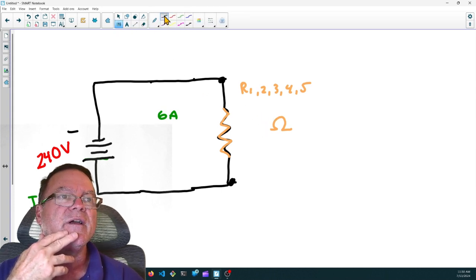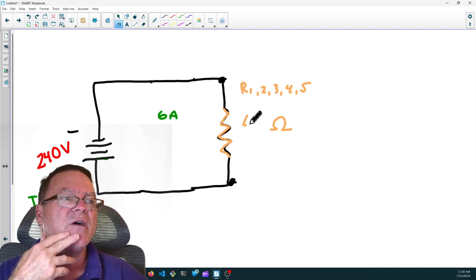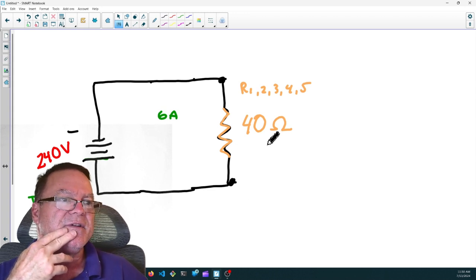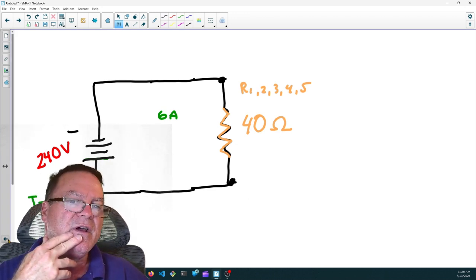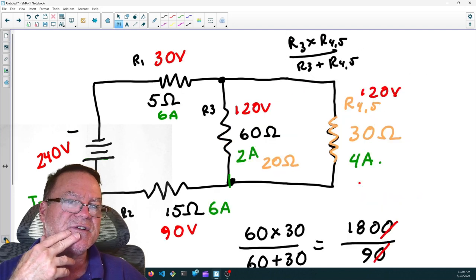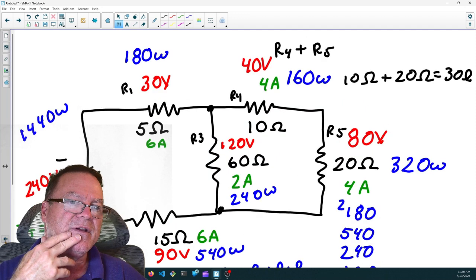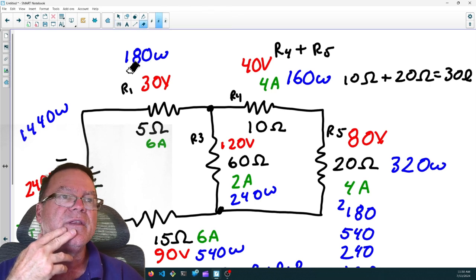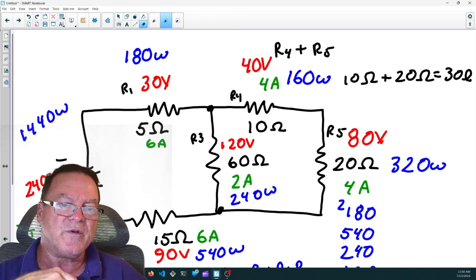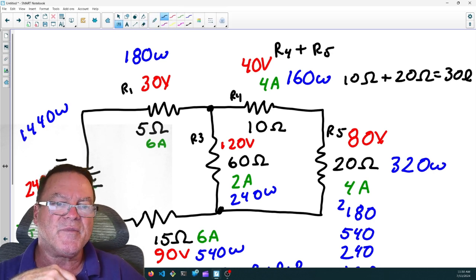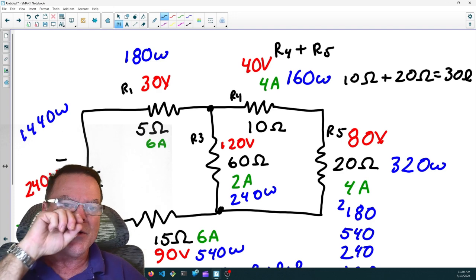I left it when I cut and spliced. All right, there we go. Well, see, if the math doesn't work, we made a mistake. We've got 40 ohms of total resistance. Very good. I even wrote that right there, 40 ohms. How do you like that? All right, very good. So over here, this is where I made the mistake. We've got 40 ohms. I knew something didn't look right. There we go, 40 ohms, okay.